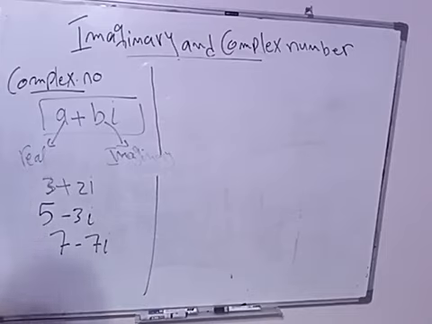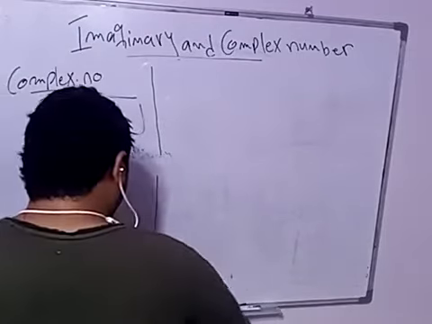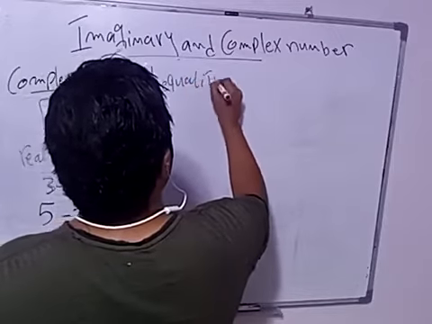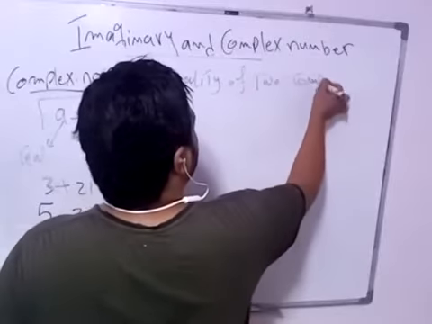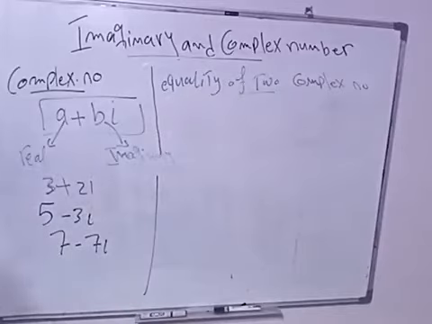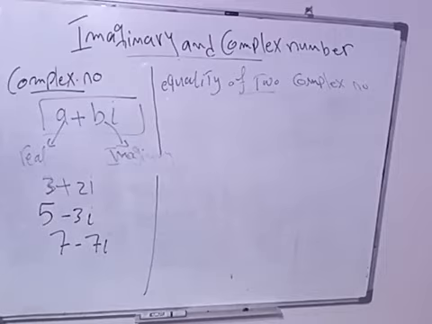Now let's talk about the equality of two complex numbers. How can I find the value of the unknown from the equality of two complex numbers?